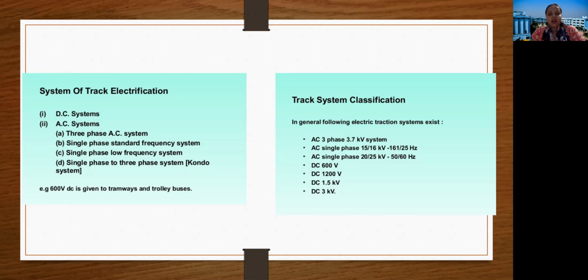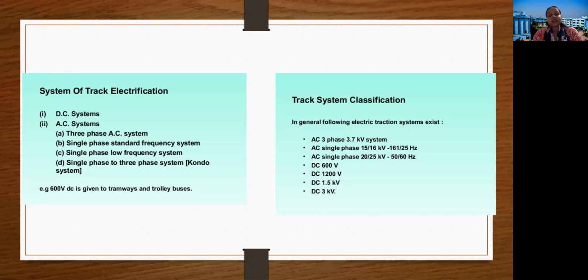Okay. Now, track system, again this particular AC system and DC system can be classified as follows. So one may be AC three phase 3.7 kilovolt system. This particular system is not used in India. AC single phase 15 by 16 kilovolt and 16 2/3 Hertz.